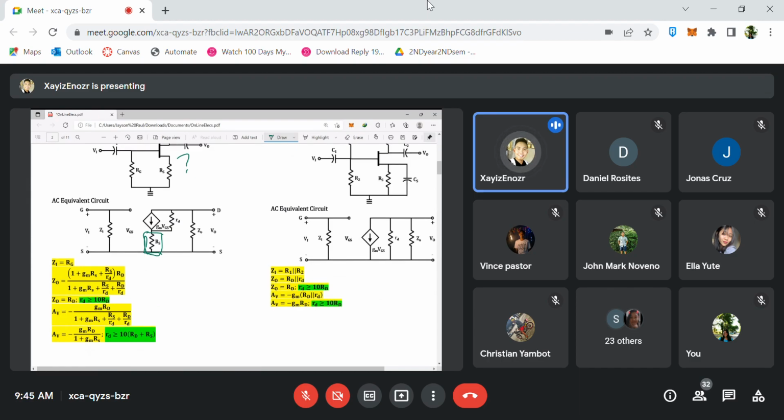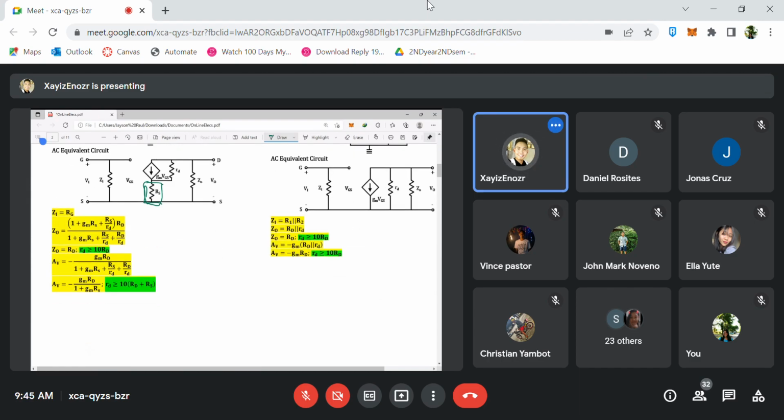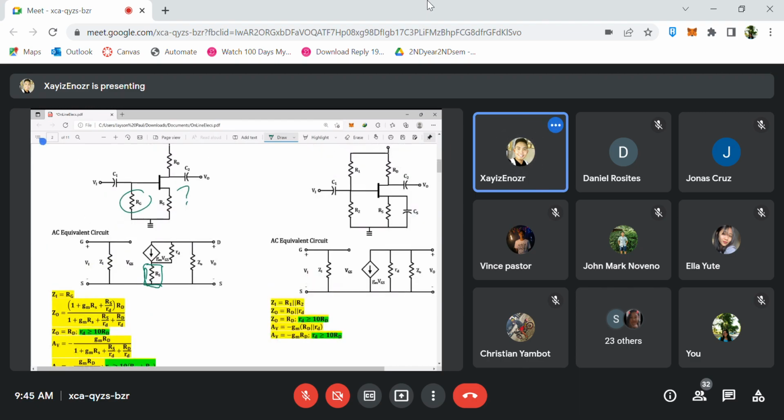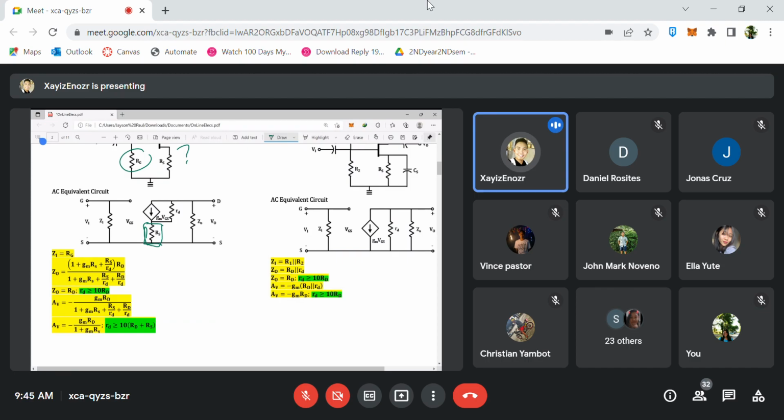So our formulas now will be, this one is a bit longer. Okay? Our input impedance is RG, because our input is at the gate terminal. So that's okay. We may have a problem at the output.